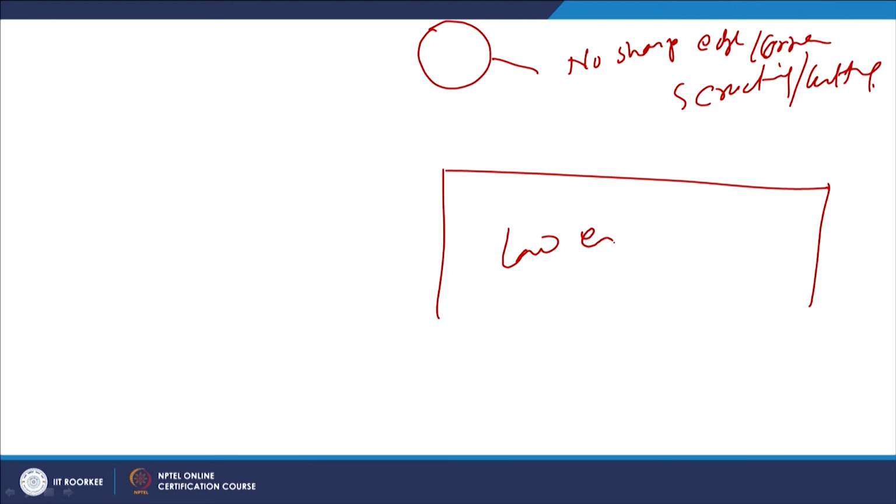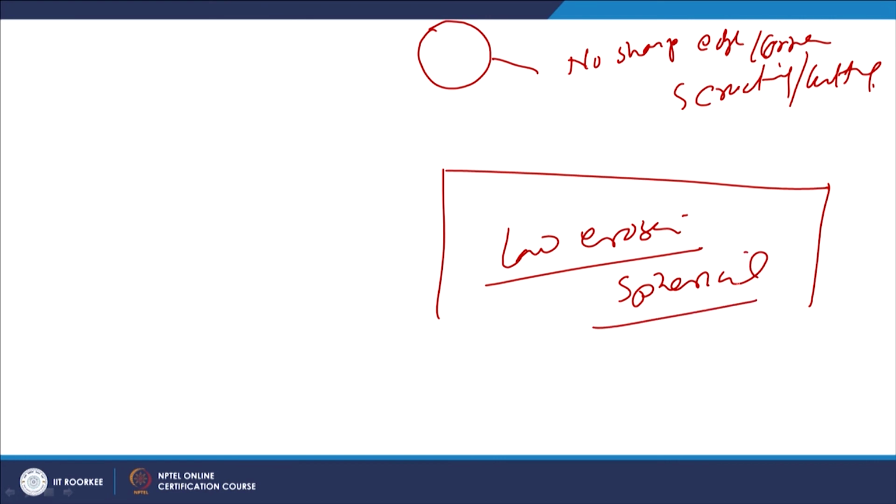So, low erosion is observed in case of spherical shaped particles which have rounded corners, not very sharp edges and sharp corners.